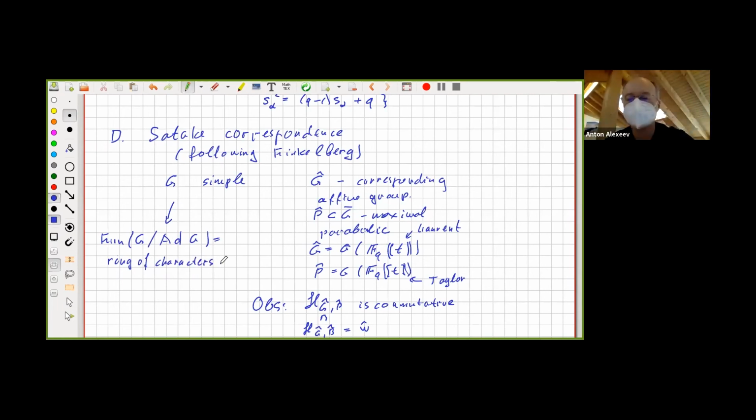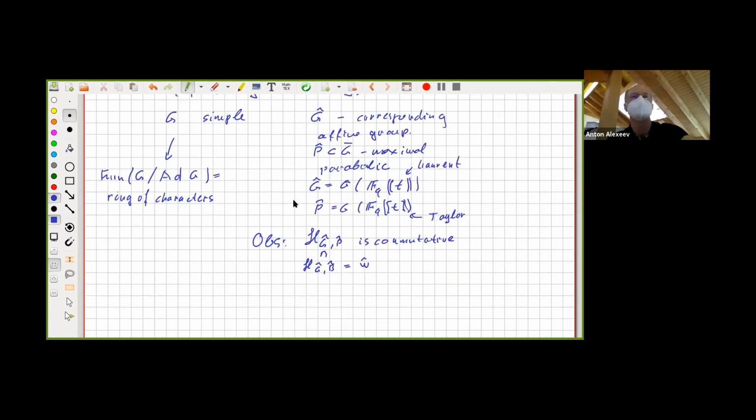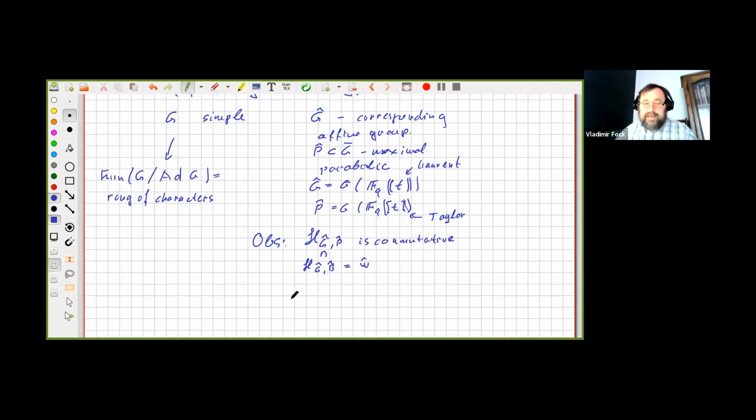Valeria, there is a question in the chat. What is B hat in the affine example? In the affine example, B hat is the following thing. It is an element, something like a series A of T, such that A of 0 is in the ordinary Borel.